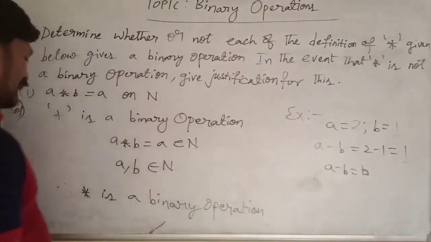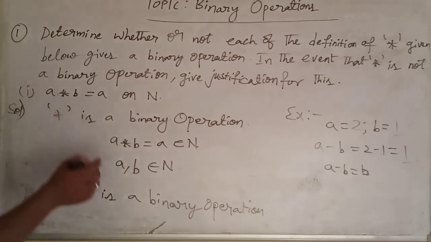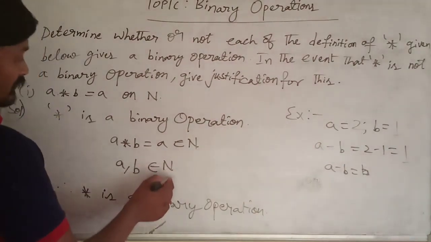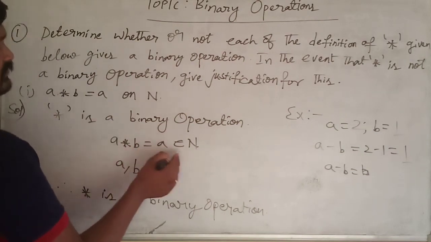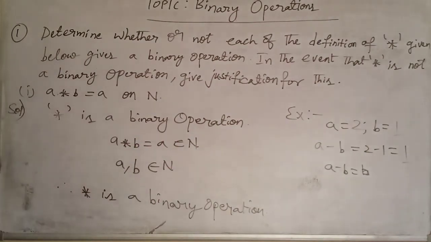Because of that reason it is a binary operation. Why is it a binary operation? Because a and b belong to the natural numbers, and the result also belongs to the natural numbers. So that is your first one.